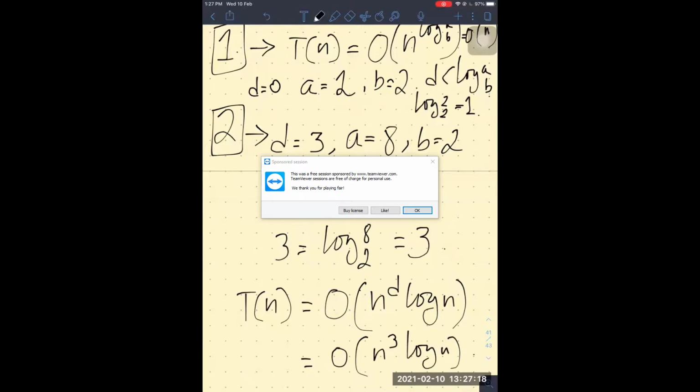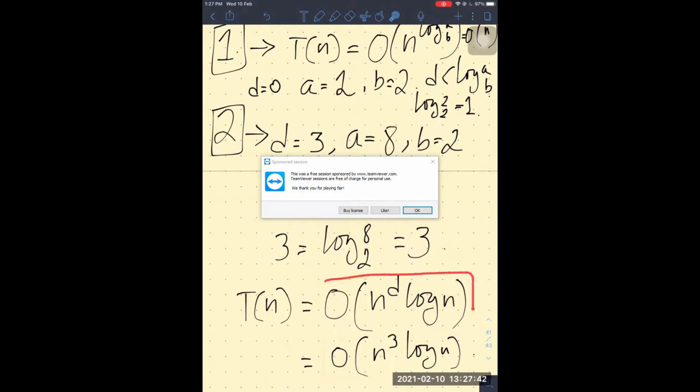We always need to put the number in the last part and get the final answer. For example, O of n to the power 3 log n. If you write n to the power d log n, it is not correct. Well, n to the power d log n is also correct, but you have to put the value of d to give the final answer.